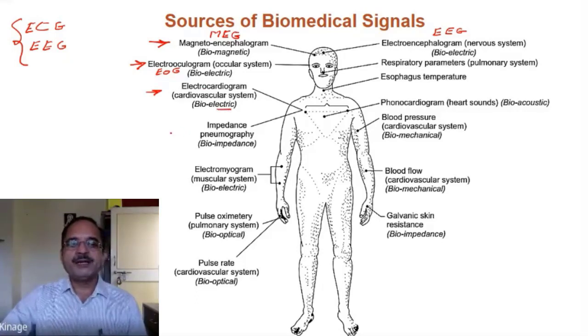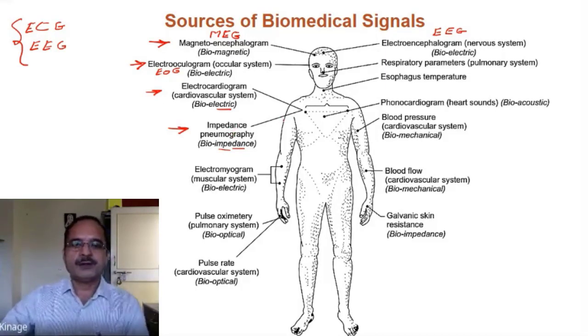Then next is impedance pneumography. As we have seen earlier, this is actually the impedance signal. This comes under the category of impedance. Pneumography means related to air.